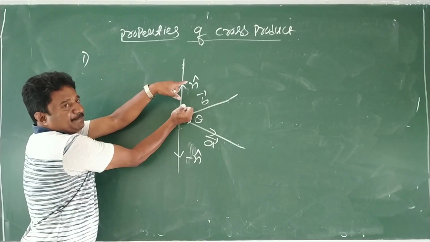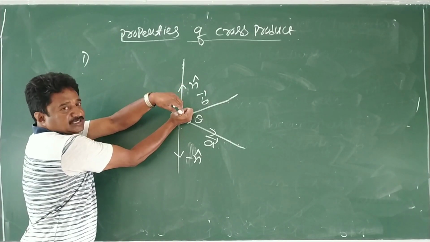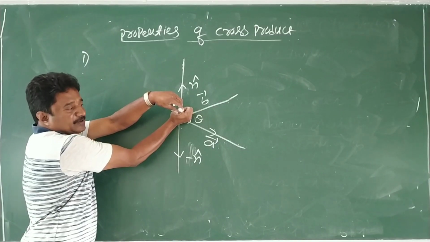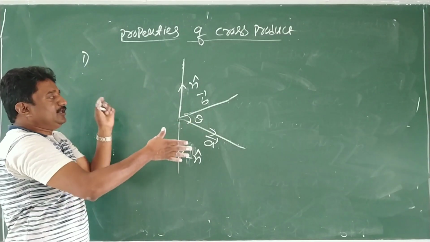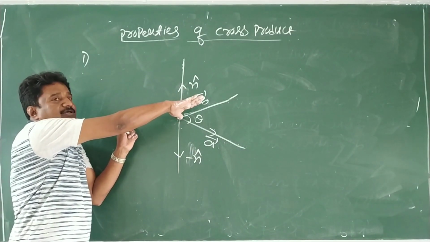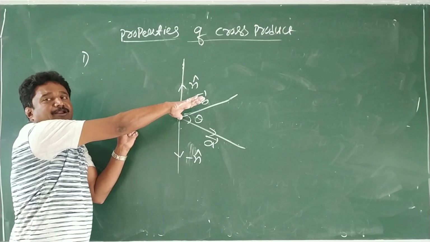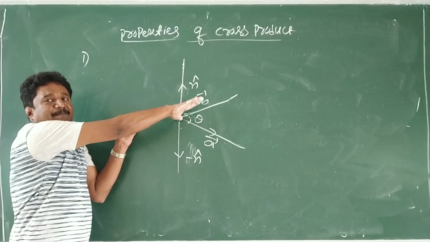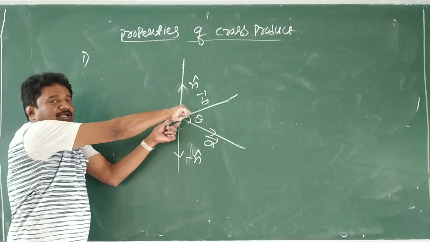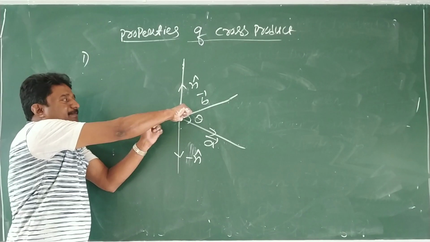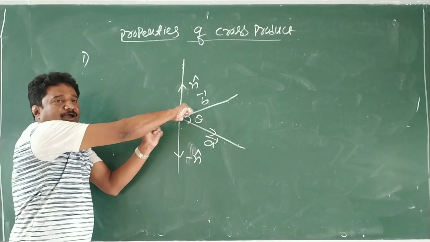That is n cap. N cap represents the thumb. Look at this, friends. If I hold my hand like this and curl my fingers from B to A, then the direction of A cross B, that is n cap, is towards the back of the board.